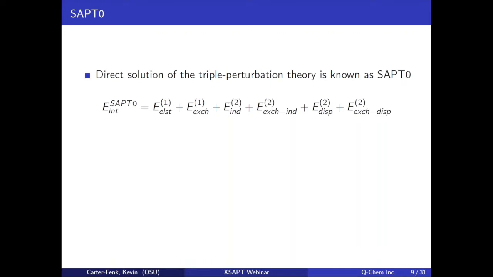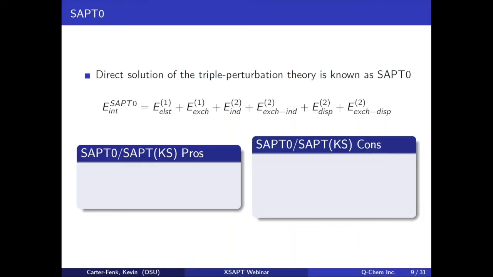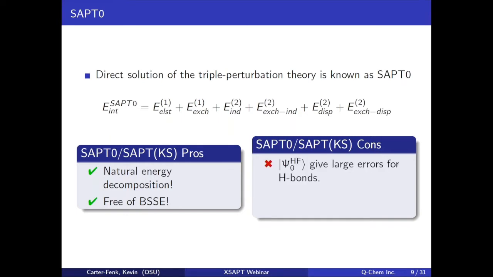So you don't get, say, induction and dispersion at first order. So far, SAPT offers us natural energy decomposition, and it's free of BSSE because we are not computing our interaction energy with the subtraction-based approach that was outlined before. We're computing it directly.